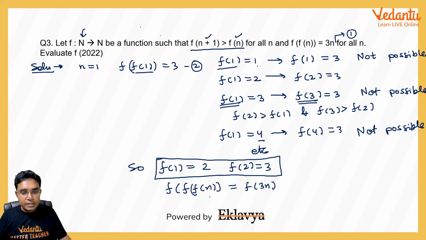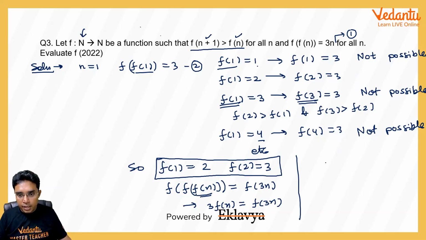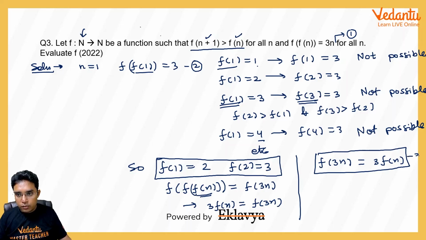Now this left hand side can be thought of as if we have replaced n by fn. So the left hand side will become 3 times fn is equal to f of 3n. So what we have got here is that f of 3n is equal to 3 times fn. I think this is going to be very helpful in a big way. Please see how. I'll call this equation 3.